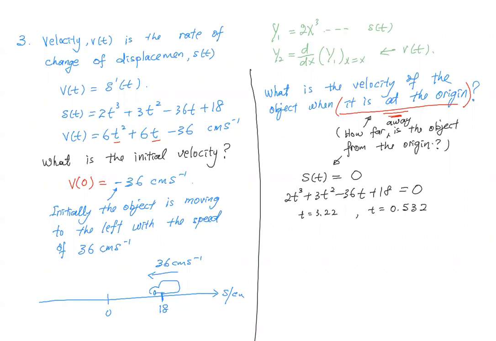Okay. So that means if you look at my diagram, it comes here. So the first time it passes through the origin is 0.532. Then after that, somewhere it turns back. Then it comes back here again.